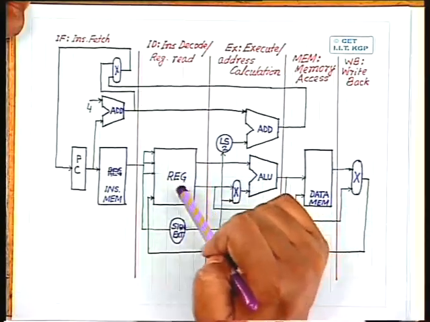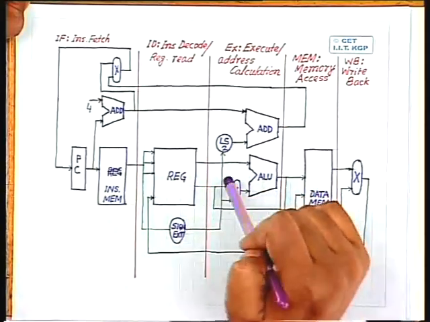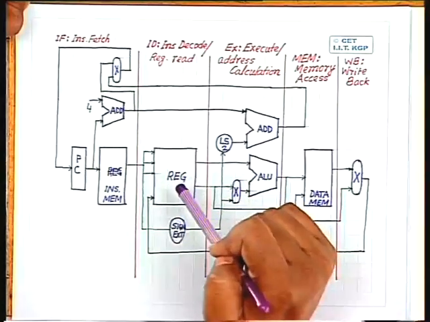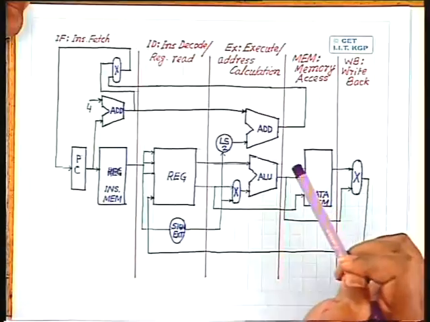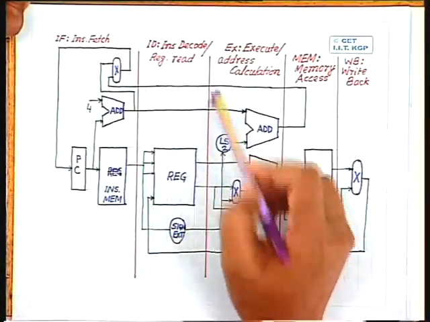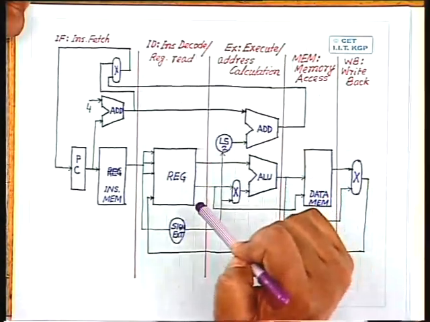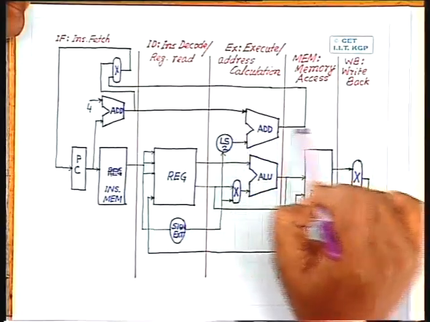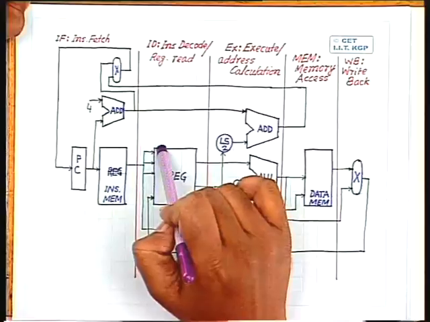And we have also mentioned that this read operation does not harm the operation, because even if the register values which are read are not needed, they will be overwritten subsequently by the appropriate values. So here also, during the next phase, the registers will be read and simultaneously the instruction will be decoded. From this phase onwards, whatever operation has to be performed depends upon the decoder output.